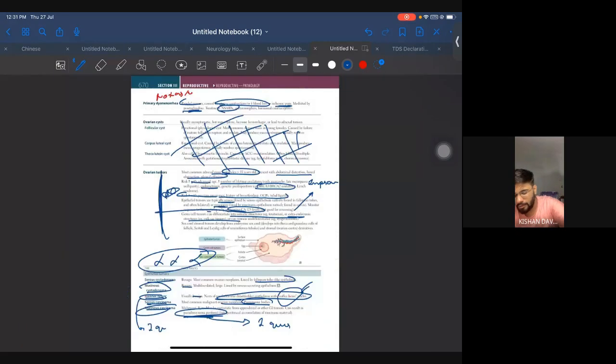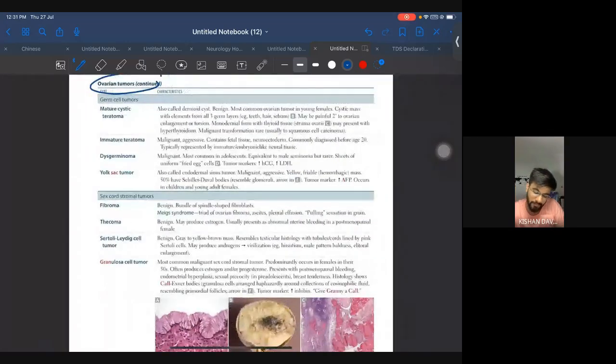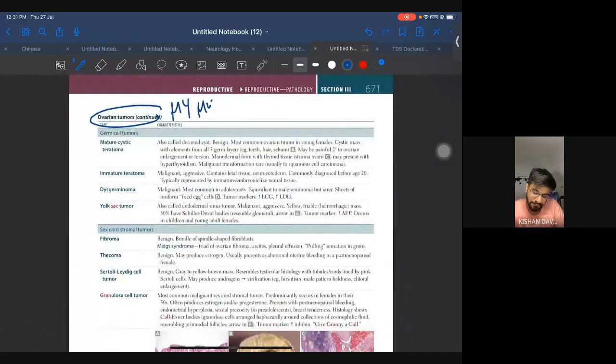Okay, coming to the ovarian tumors, and this is very high yield.